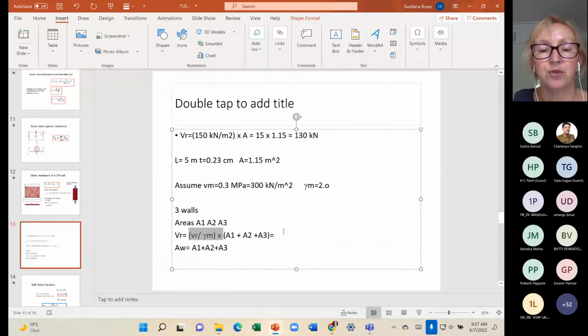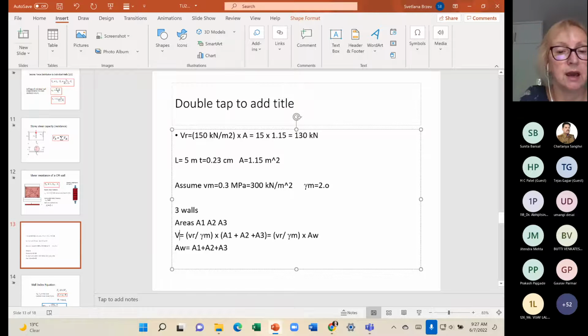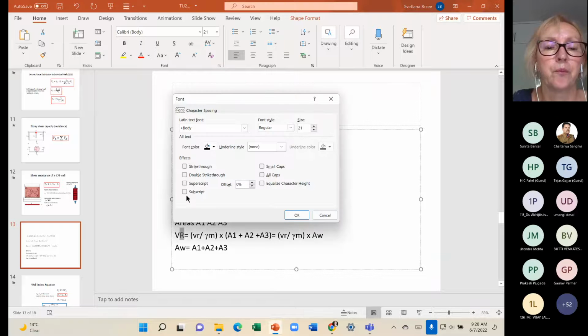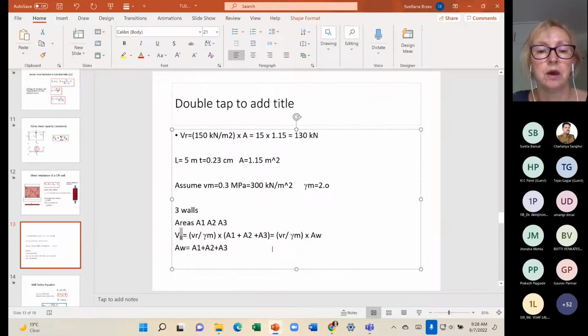So that is how that was derived. See, this VR is capital, and this is with small letters. I can also share this annotated slide with you. So anyway, that is what it is.